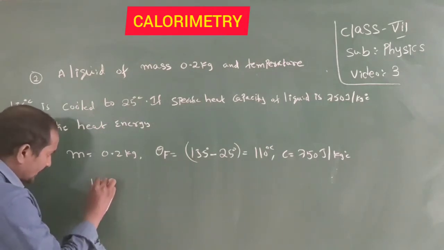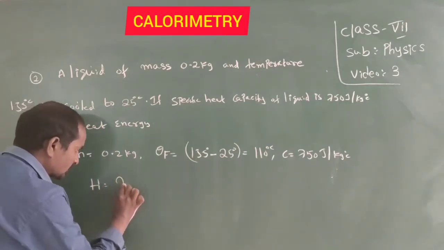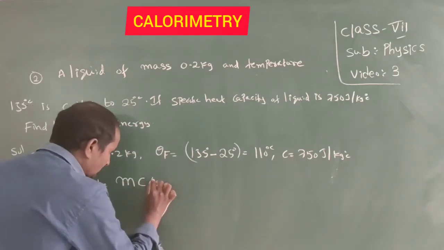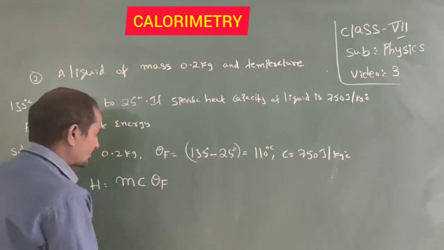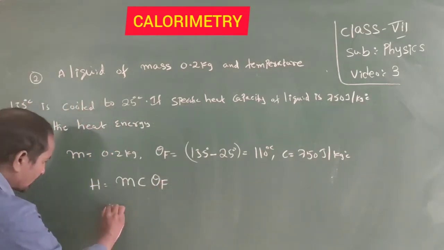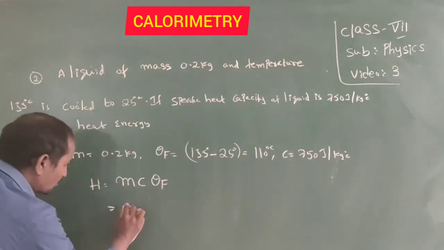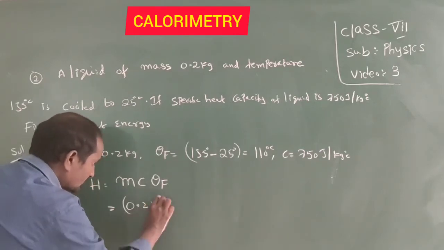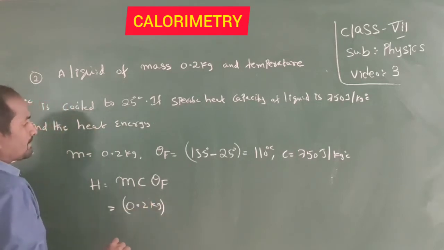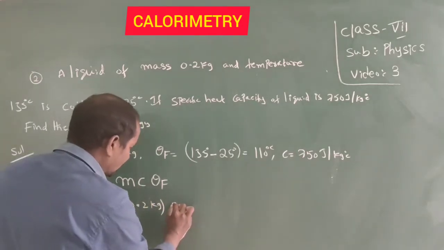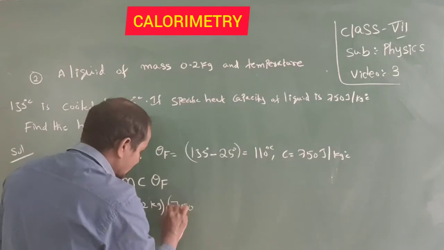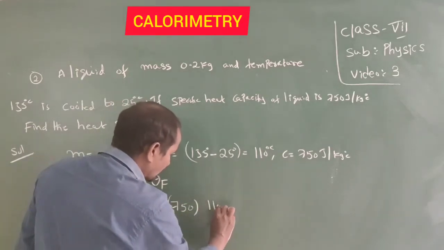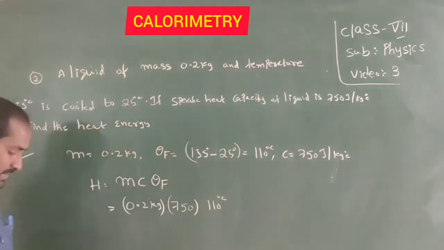So here heat energy equal to m into specific heat capacity into falling temperature. So that equal to here m 0.2 kg into specific heat capacity, that equal to 750 into falling temperature, that equal to 110 degree Celsius.